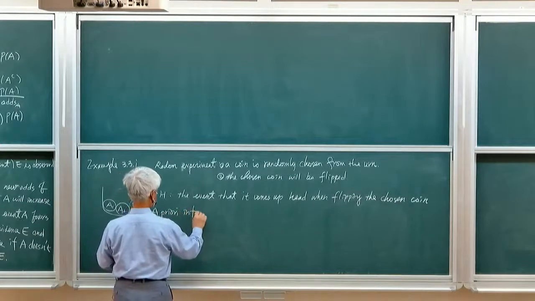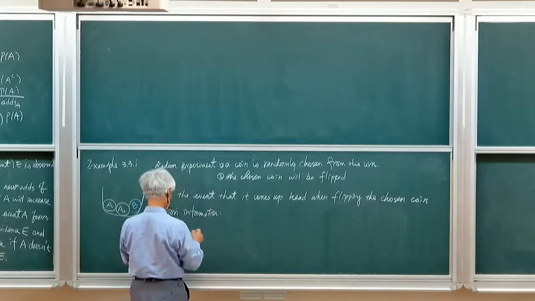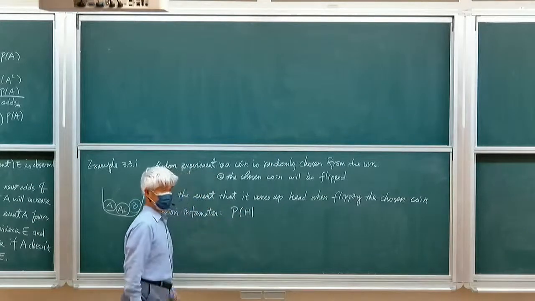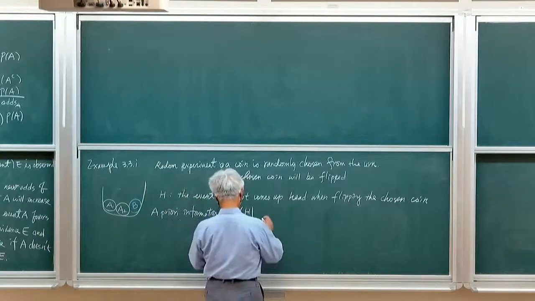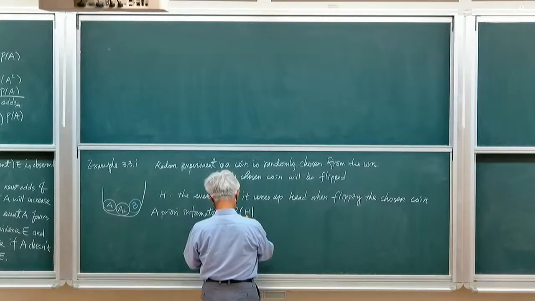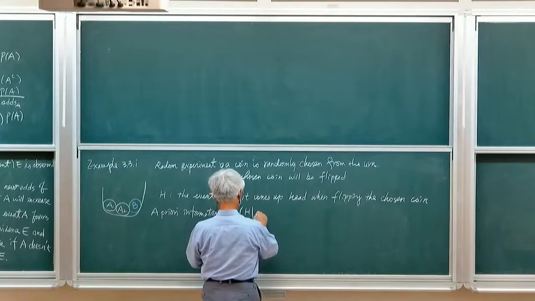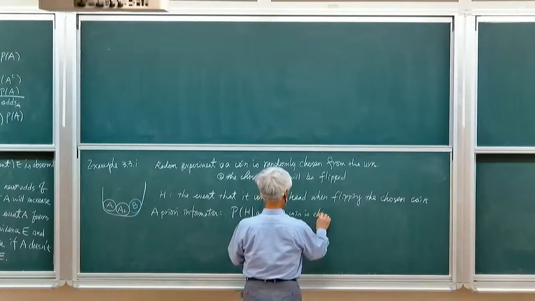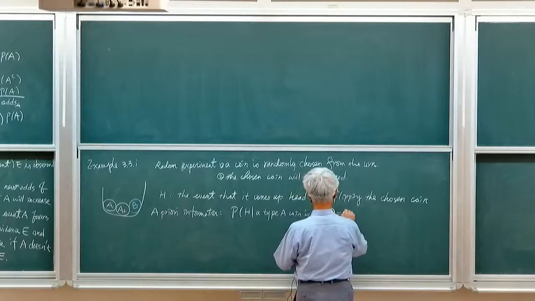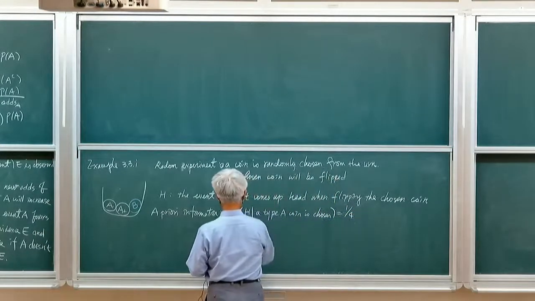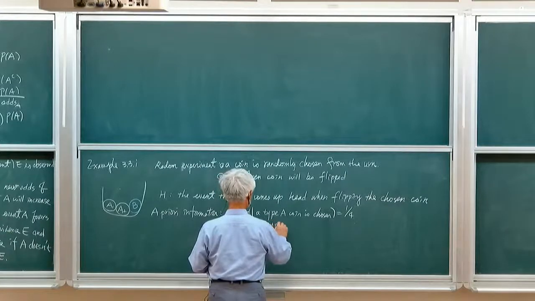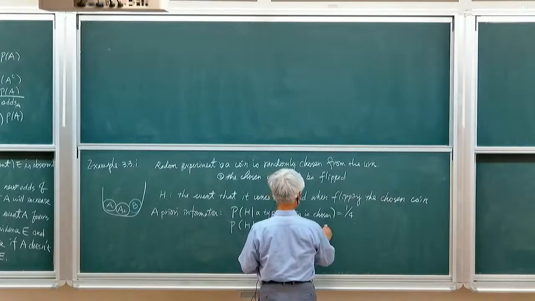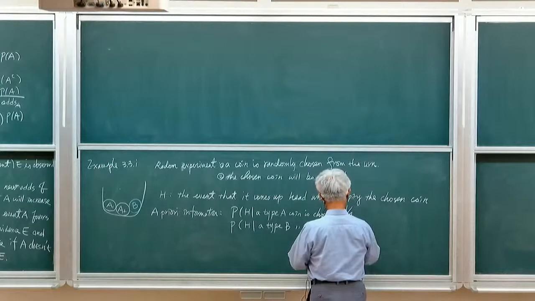So we have prior information that the probability that a head comes up when a type A coin is chosen is 1/4, and the head shows up when a type B coin is chosen is 3/4.